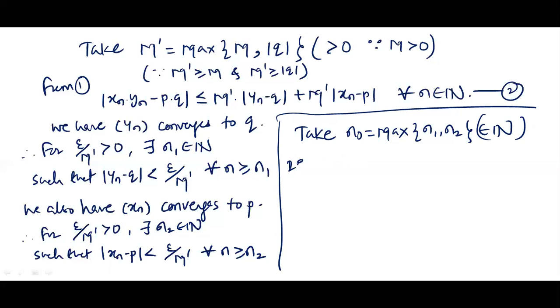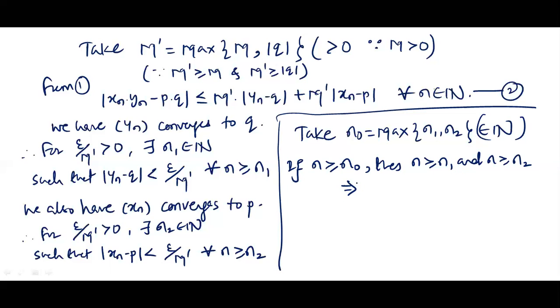So if n is greater equal n naught, then we can note that n is greater equal n1 as well as n2, since we are taking n naught as maximum of n1 and n2.